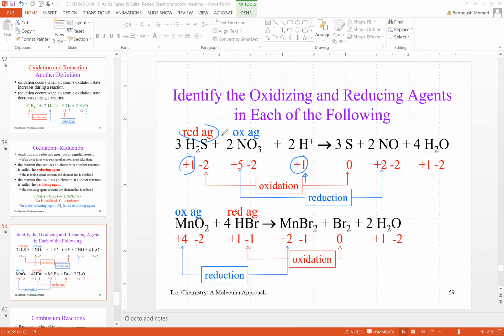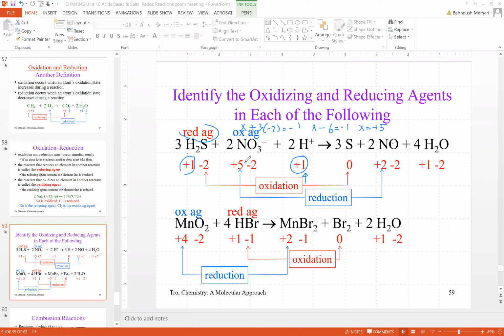Oxygen is -2 in every compound on the product and reactant side, so neither oxidized nor reduced. We look at the nitrogen here, X plus 3 times -2 equals -1, and X minus 6 equals -1. So X equals +5.